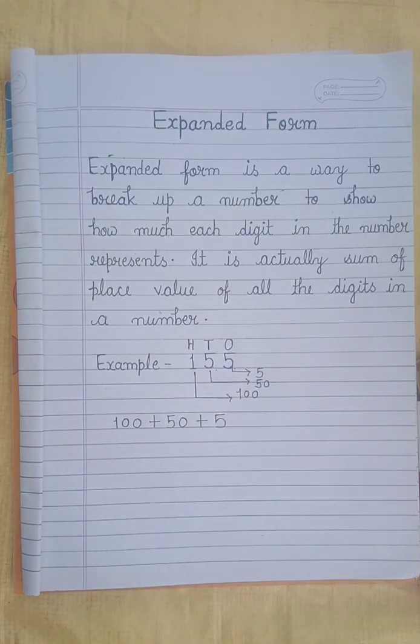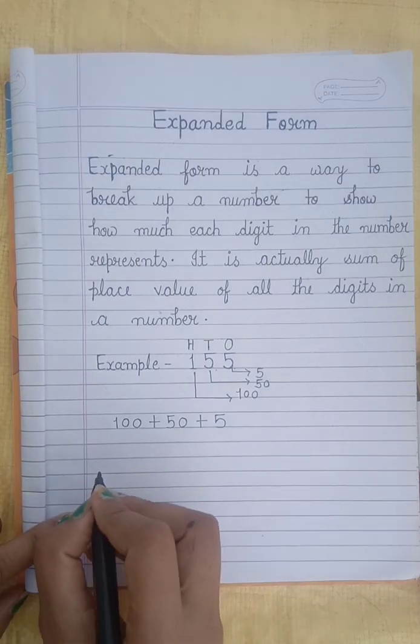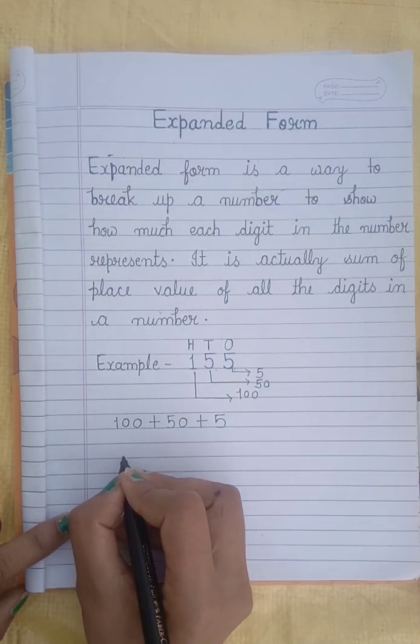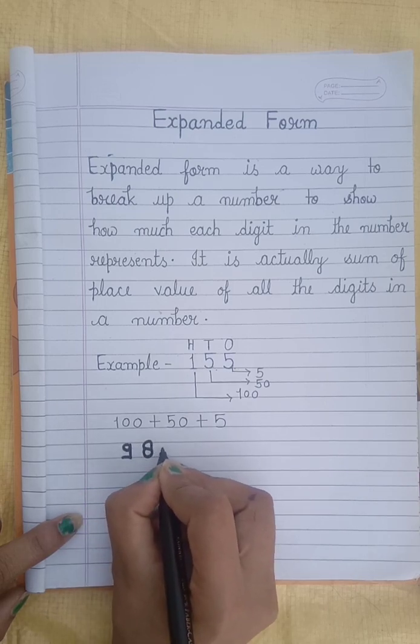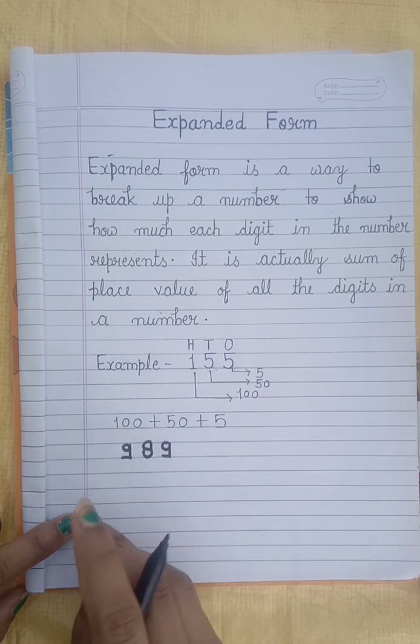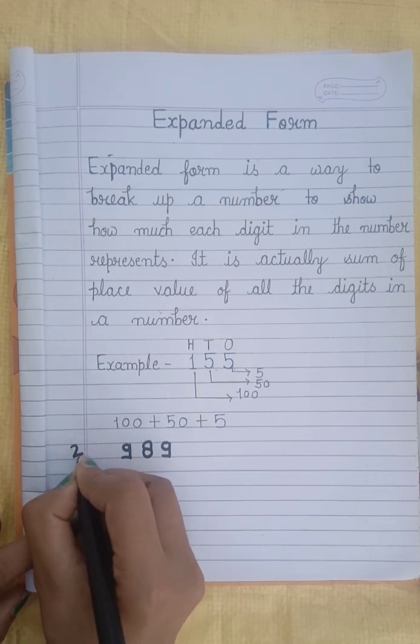Let's take a look at some examples of expanded form. The first number, I am going to write here, is 989.